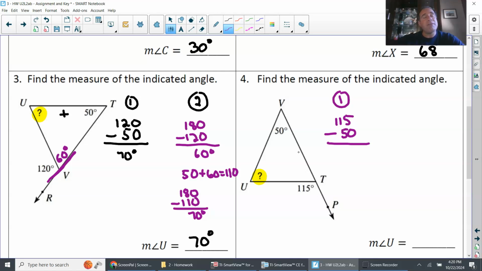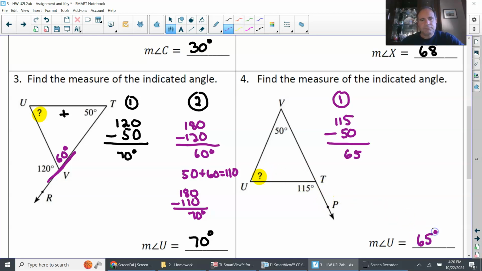So if you have one of those two non-adjacent angles, you could just subtract it from the exterior angle, which is 115, and the one interior angle that you have, which is 50, and you would get 65. So angle U is 65 degrees.